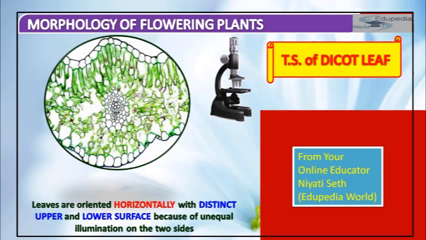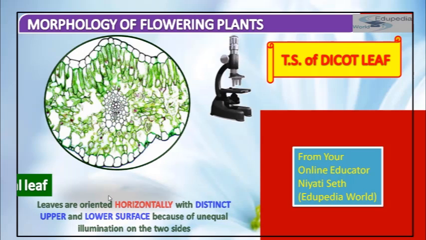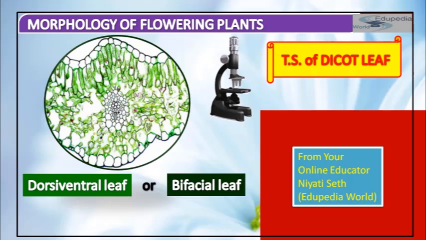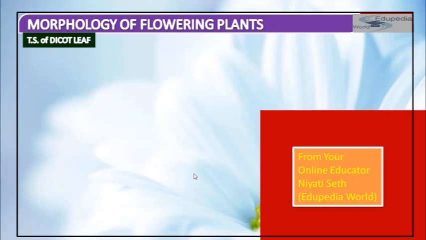Leaves are oriented horizontally with distinct upper and lower surfaces because of the unequal illumination on the two sides. So, this is also known as dorsiventral leaf, or bifacial leaf.